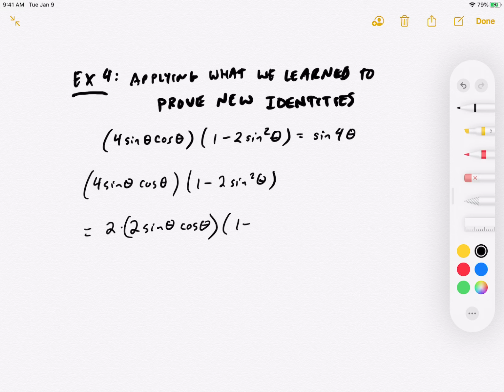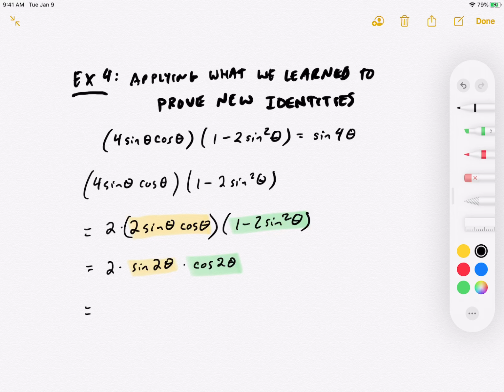And times 1 minus 2 sine squared theta. So that's going to be equal to 2 times sine's double angle identity. I'm just pointing out here that 2 sine cosine is sine's double angle identity and replacing it with sine of 2 theta. And then I'm going to multiply by cosine of 2 theta because right here I noticed cosine's double angle identity.